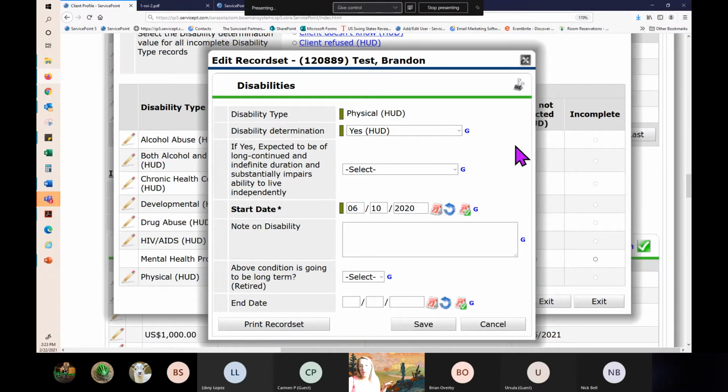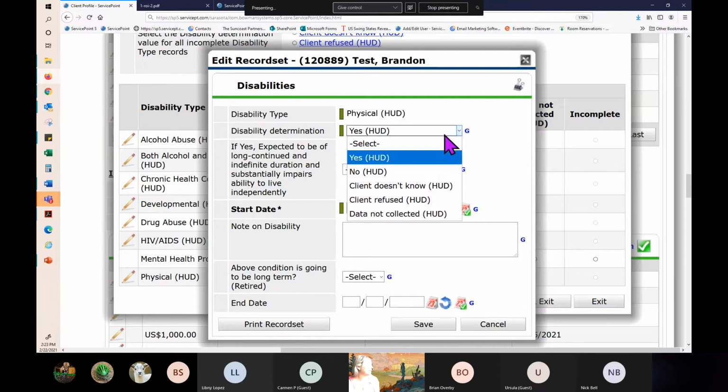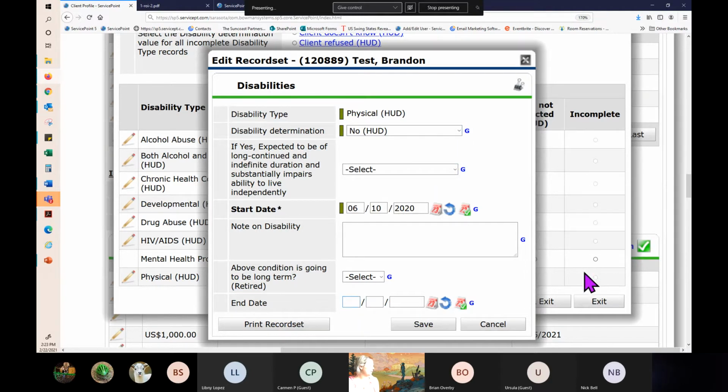That's like if you had a piece of paper that somebody else had filled out for the client, going back to that piece of paper and scratching over somebody else's information that they have filled out. No, you don't want to do that. You just want to end that no data for the day before.